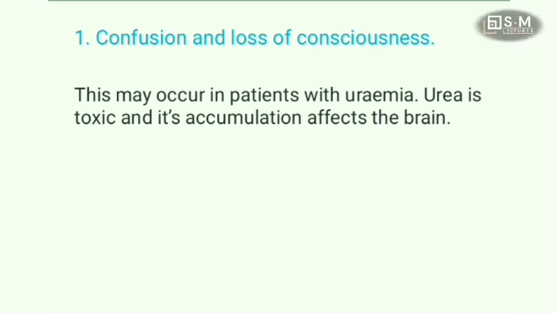So when there is disease or renal failure, the next thing is there will be affectation of the metabolism of amino acids. There will be an increase in the metabolism of amino acids. Increase in metabolism of amino acids through the urea cycle will now cause an increase in production of urea.